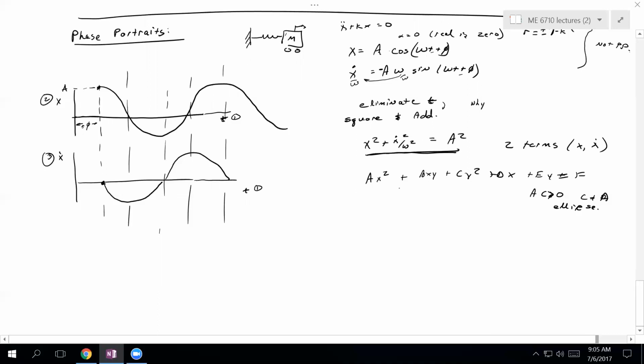So I can rewrite this in some form. Here I've written it as a conic section.